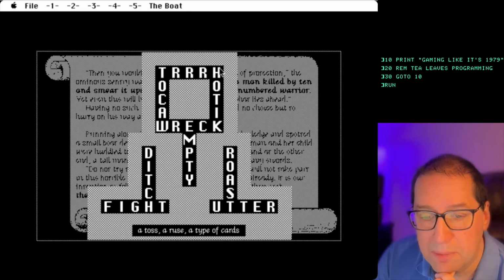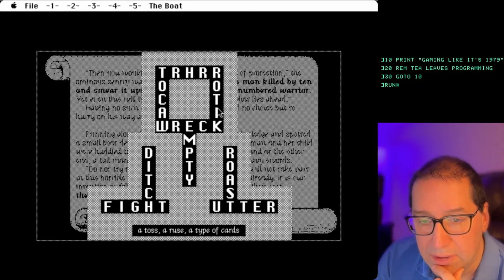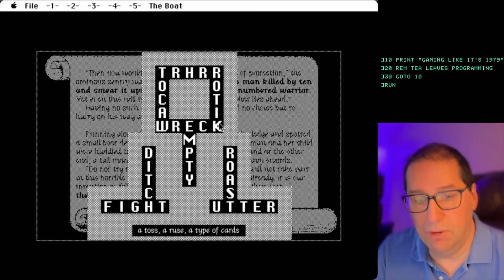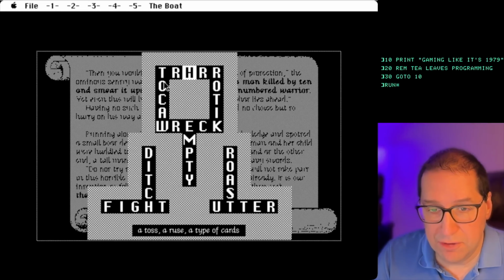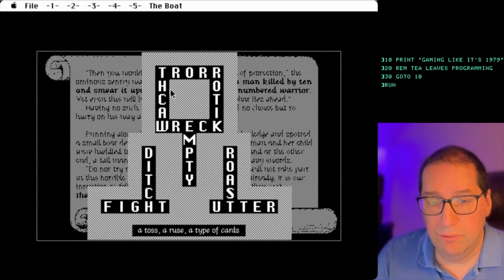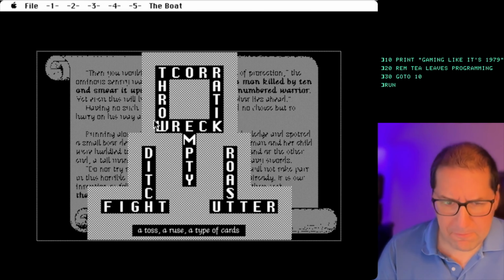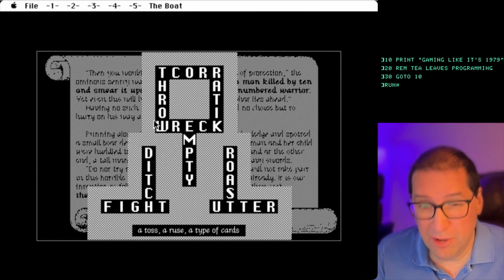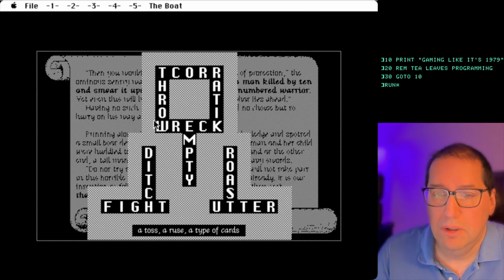Oh, this is terrible. I may have ruined it because any of these, right? It's literally only the last letter, but any of these might be at issue. Okay, so I'm going to just take a stab in the dark here. And since any of these letters can play, I'm going to guess that this is throw. There aren't a lot of 5-letter words ending in W. I'm going to guess throw.